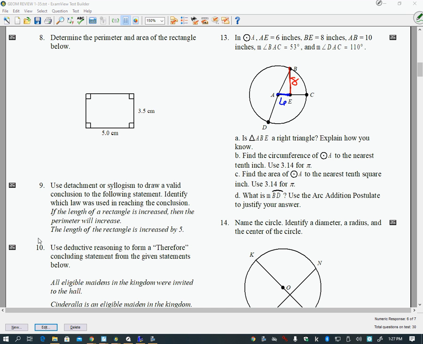AB is 10 inches. BAC, so that's this angle right here, is 53 degrees. And DAC, so that's this outside angle here, is 110 degrees.